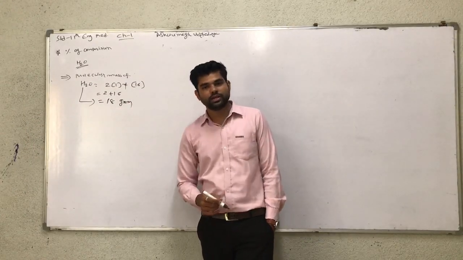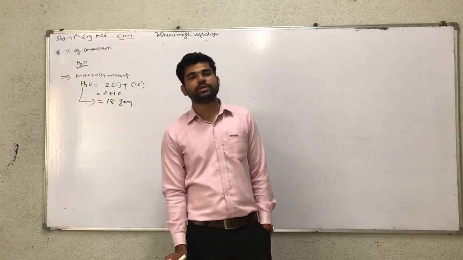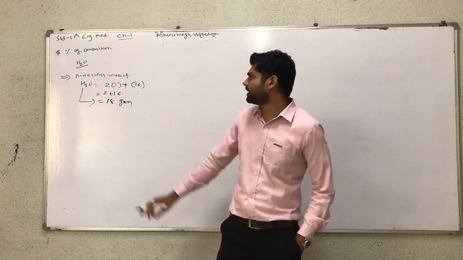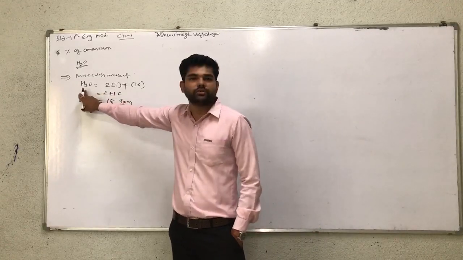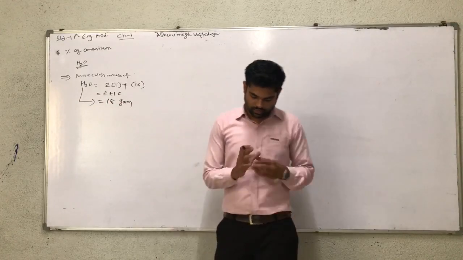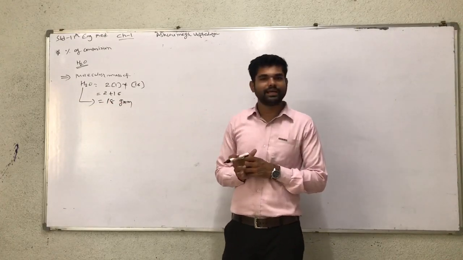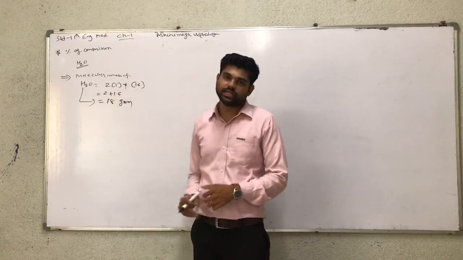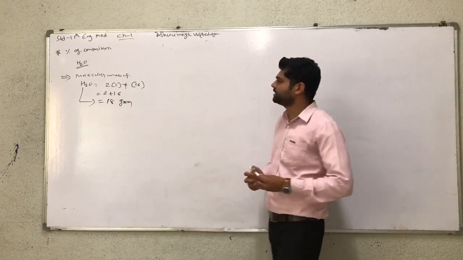So how to find it? Percentage means multiply by 100. Particularly here we have to find the percentage of H and the percentage of O. So first the percentage composition of the hydrogen atom and next the percentage composition of the oxygen atom.